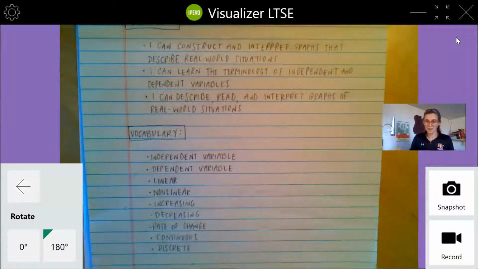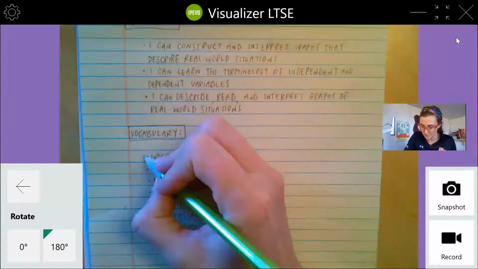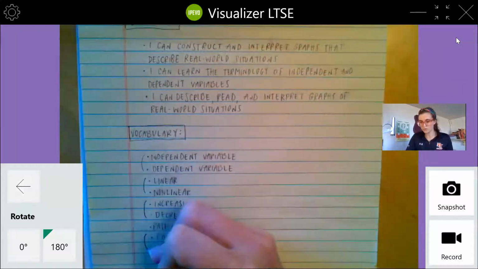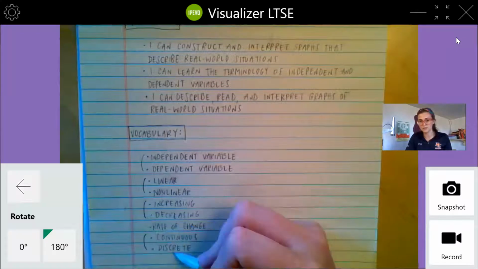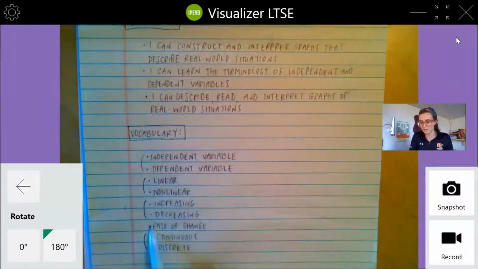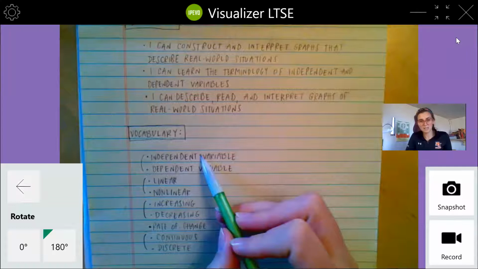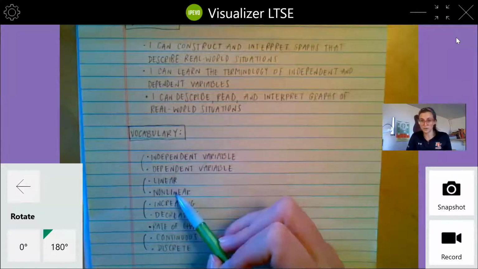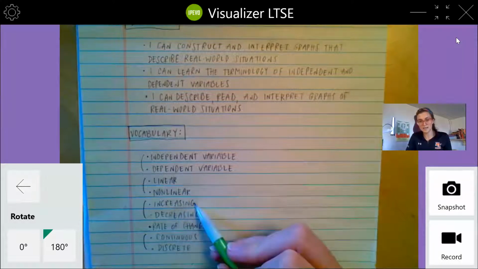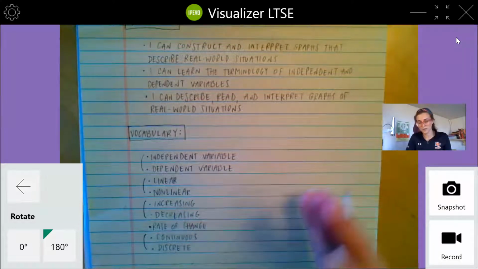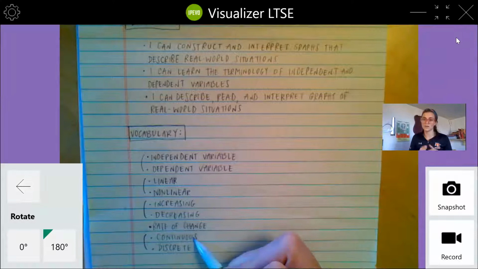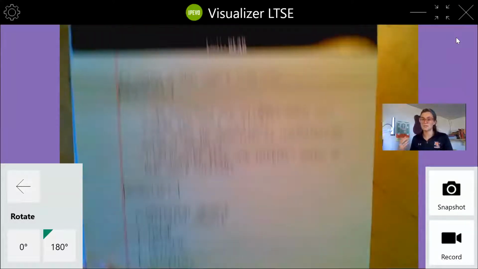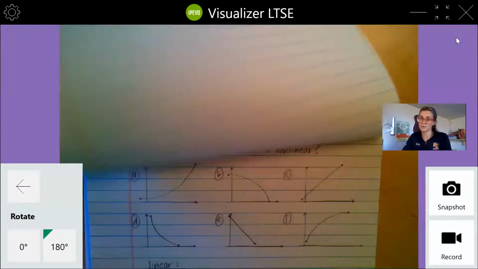So we can think of these vocab words in four groups of pairs. Rate of change is kind of all by itself, but independent and dependent variables kind of go together. Linear and nonlinear go together. Increasing and decreasing kind of go together, and continuous and discrete kind of go together. Right, and we'll get more into the specifics of those words as we go on.